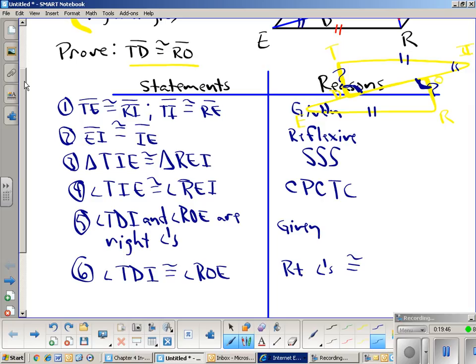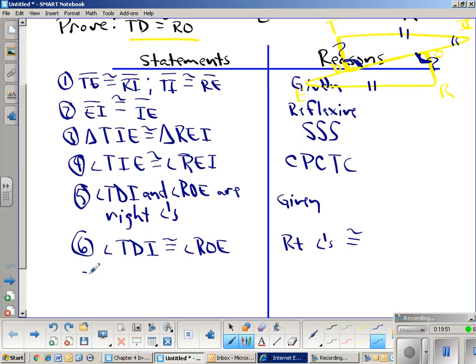We do, don't we? So our next step, step 7, you're going to tell me why in just a second. Step 7, triangle TID is congruent to triangle REO.